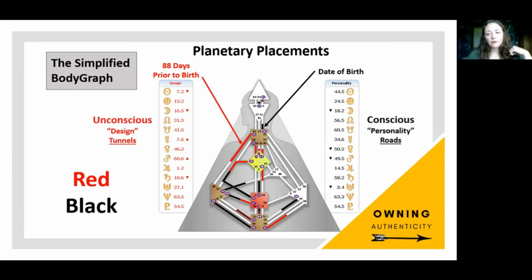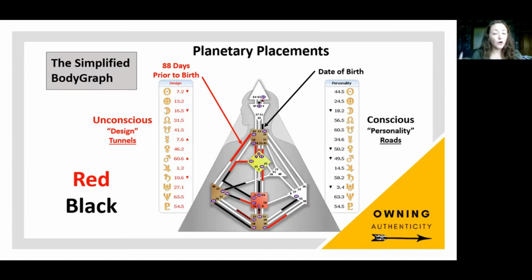Starting on the right, the date of your birth, your personality is your conscious self. As you study your chart, just know that any of those black lines or personality placements are more like roads that you can see on top of the ground. You can see that energy moving within you.